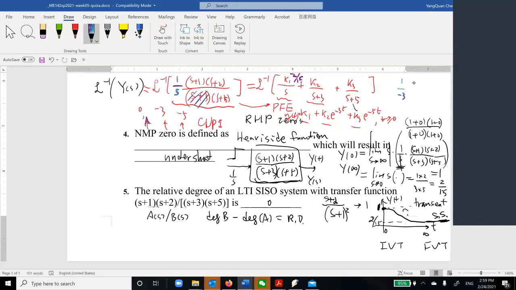Then you have -3 plus 1 is -2, -3 plus 2 is -1. Then I have -3, so this is a +2. -3 plus 5, this is a +2. So then I know that this is a negative.